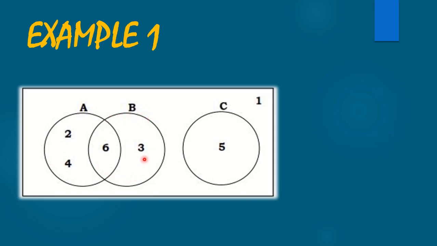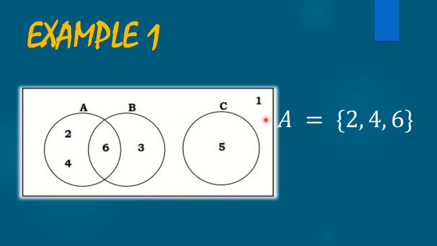We have 3 and 6. Then for event C, we have a number which is a multiple of 5. Other than these numbers, we have 1, which is not found in either A, B, or C, but it is still part of the given sample space.